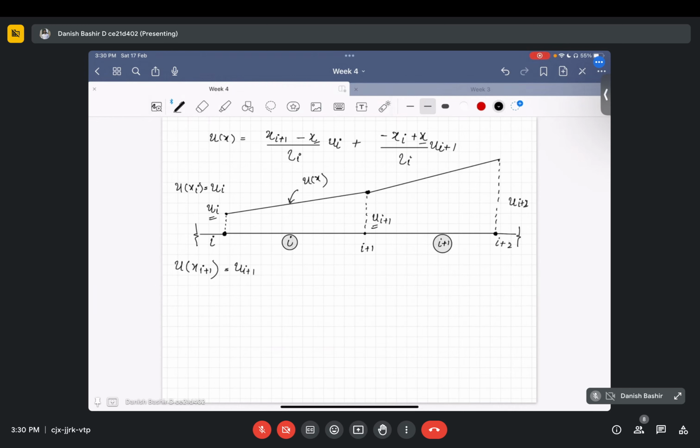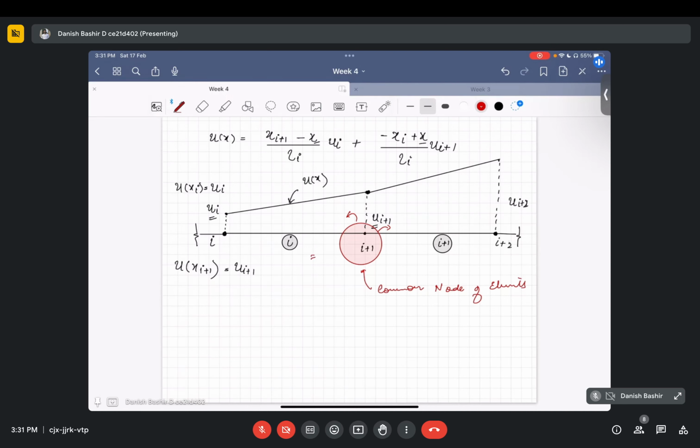So here we are having a common node of two elements. So this is important, that the value of this node when evaluated within this element is equal to the value of the nodal parameter when evaluated within this element, to maintain the continuity of the solution. Otherwise, there will be a discontinuity in there.